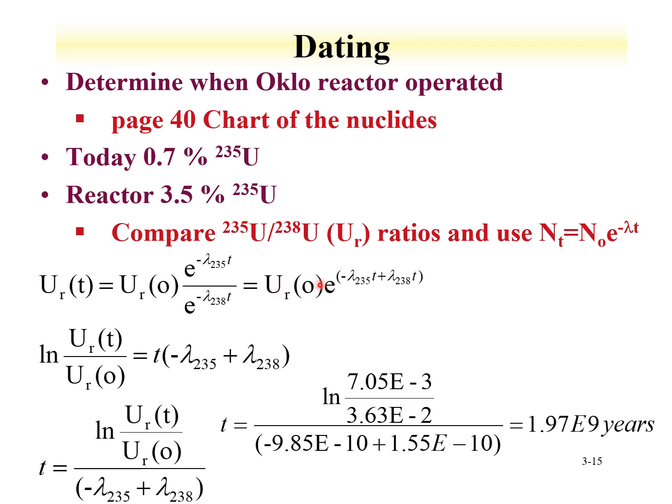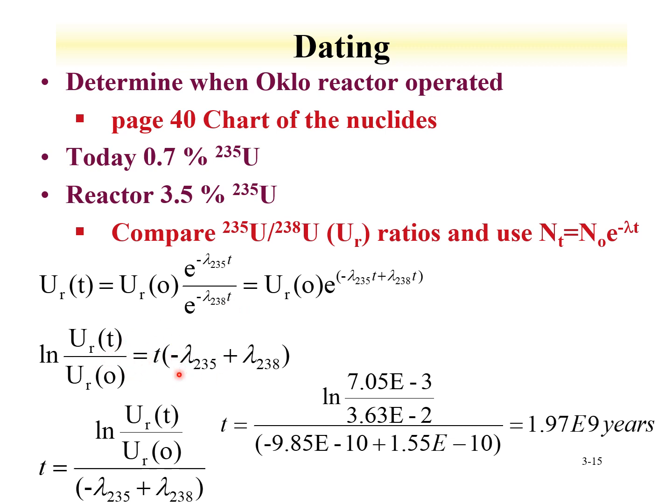We just rearrange and solve for time. We have the ratio at time t and the initial ratio. We know the decay constants. We rearrange this equation, and we get a value on the order of 2 billion years, which is actually pretty accurate.